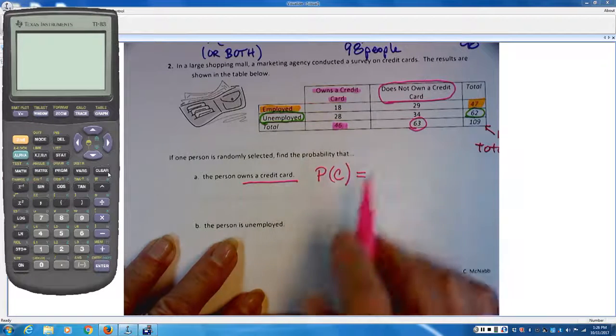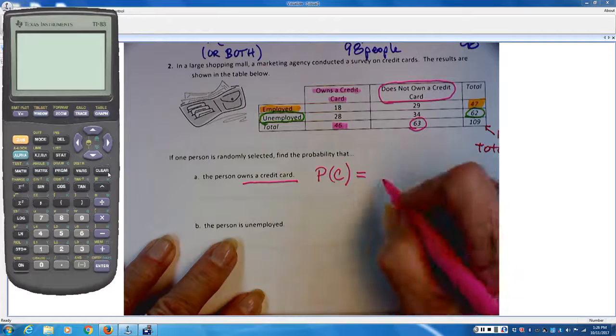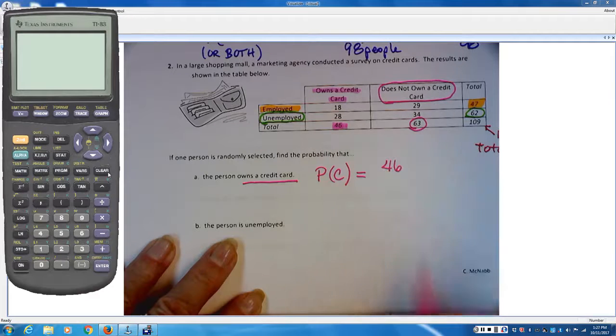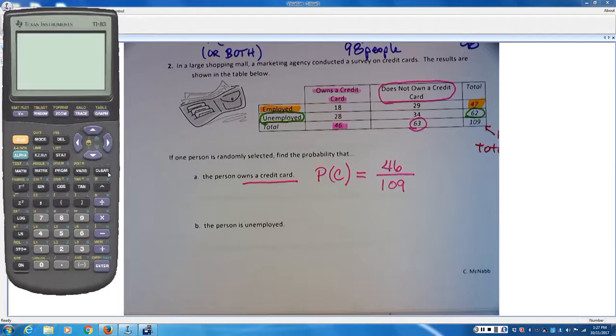And there's a total of 46 people that actually have one, out of the total of 109. So 46 out of 109 is a little less than half. And that'll be 42.2%.